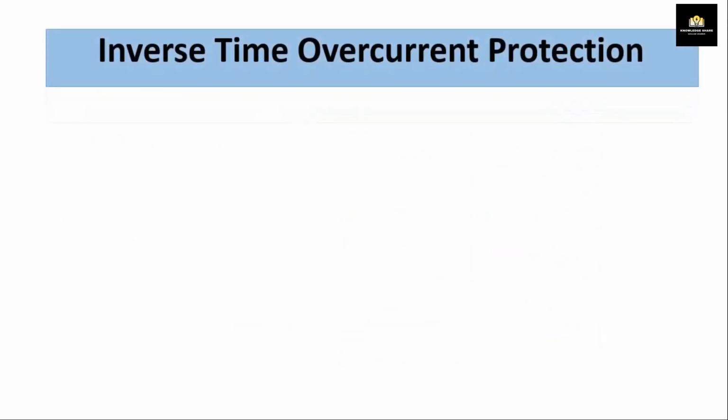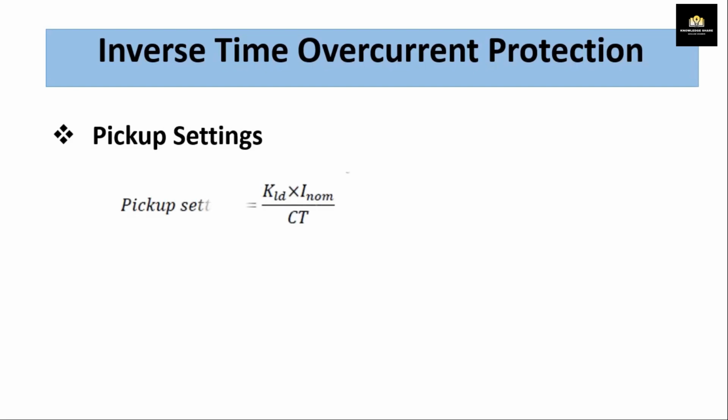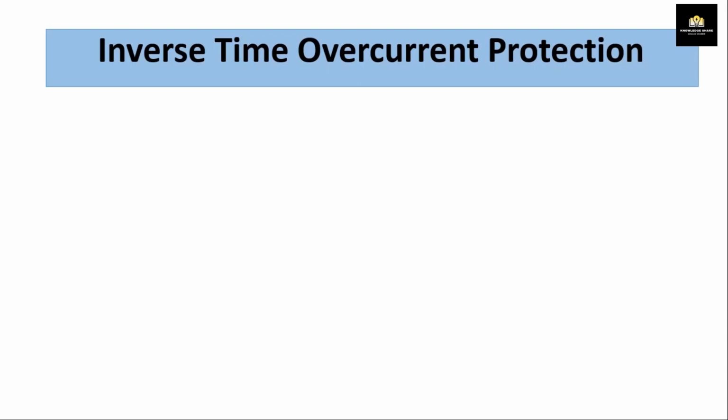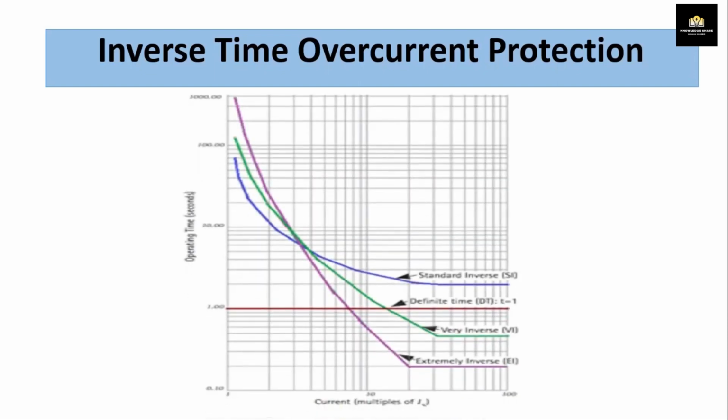The pickup setting is used to define the pickup current of the relay, above which the fault current is detected, and it is determined as shown, where KID is the overload factor, I nominal is the nominal rated current, and CT stands for the current transformer ratio. A figure with the types of inverse time characteristics is shown.